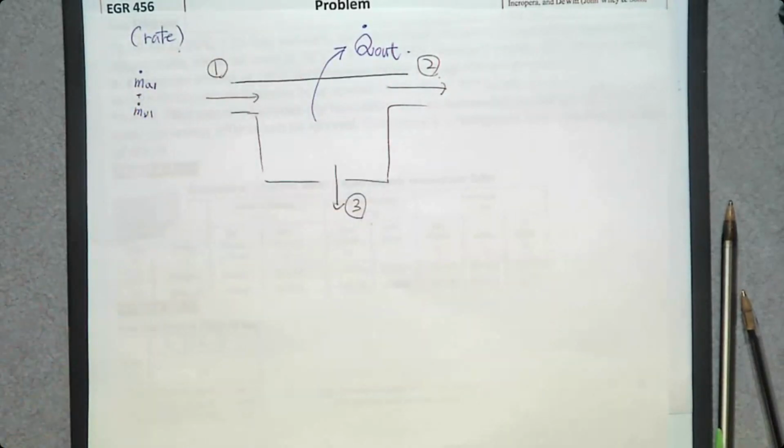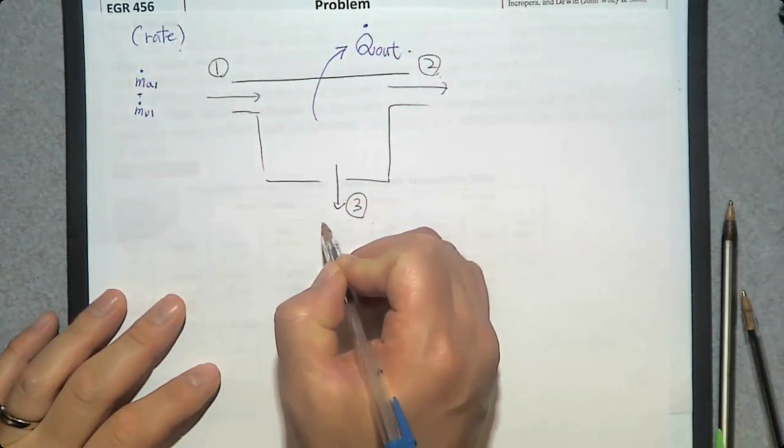Then, because of this heat transfer from the chamber to the outside, the temperature of this mixture is going to drop. And when it hits the dew point temperature, then we may have condensation in the chamber, and water is going to be removed from this chamber at number 3.